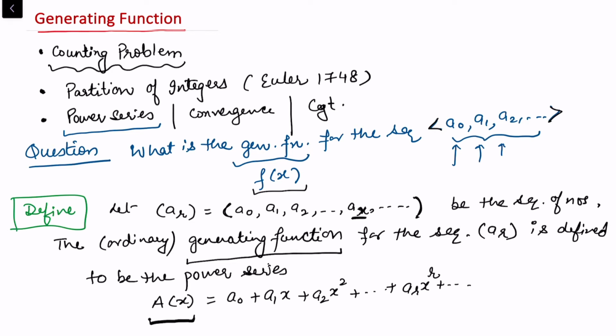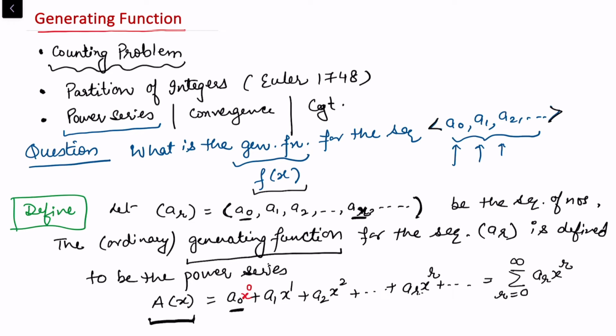Here, the first term in the sequence is the constant term, or we may say it is multiplied by x to the power 0, then we have a1 times x to the power 1, a2 times x squared, up to a_r x to the power r, and continue. To write that in summation form, I can write it as the summation for r varying from 0 to infinity of a_r x to the power r.